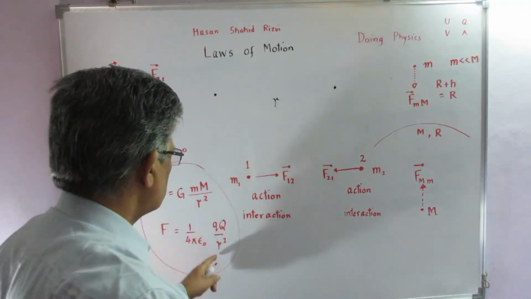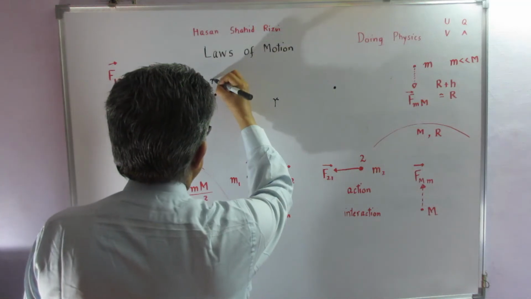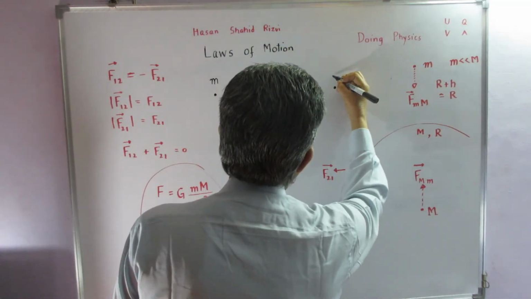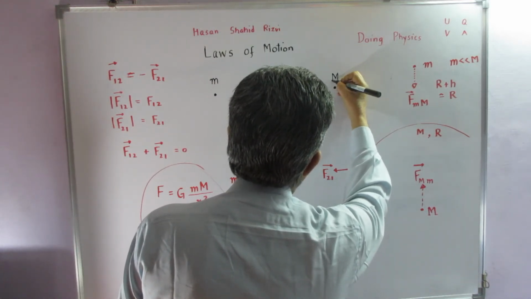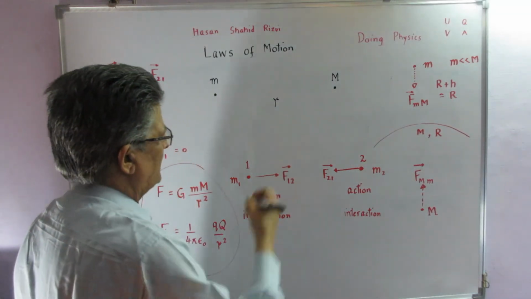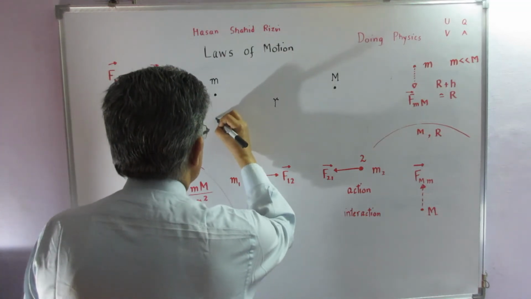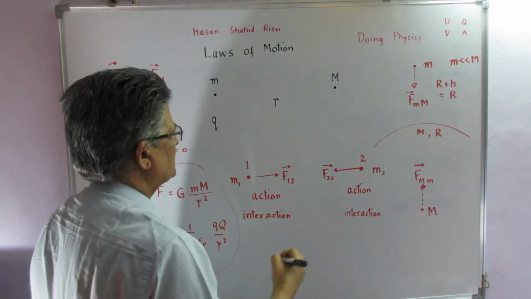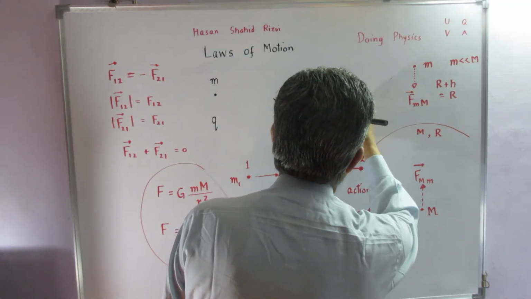There is an inverse square law in both cases. This particle has a mass, let us take it capital M, which may be smaller than small m, whatever value, it doesn't matter. But the same particle has a charge Q, and this one also has a charge Q.